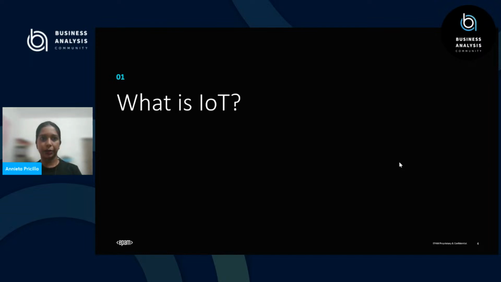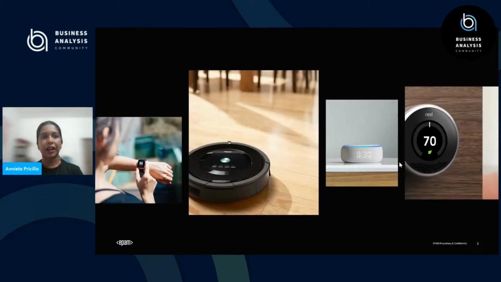So, what is IoT? IoT is basically Internet of Things. This might seem like a far-fetched topic, but it's almost ingrained in our everyday lives. If you come across any of these devices in your everyday life, like the smartwatches or robotic vacuums, the virtual assistants like Alexa, Siri, or even smart thermostats.